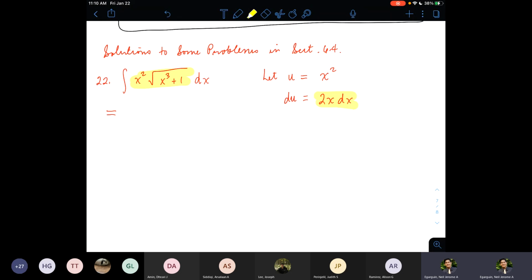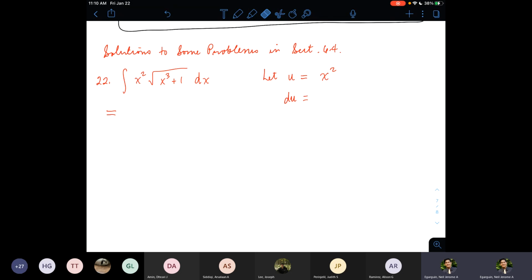Or I can get a 2x, but that will take some intermediate steps. I need to break down x squared into x times x. But there would be a lingering problem with the square root. The square root will still be there. The product will still be present. So that means 2x dx is not readily available as the substitute for the differential. So this substitution rule might not be the best one to use for this case.